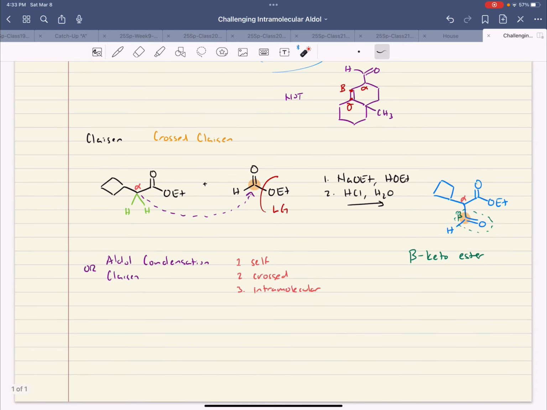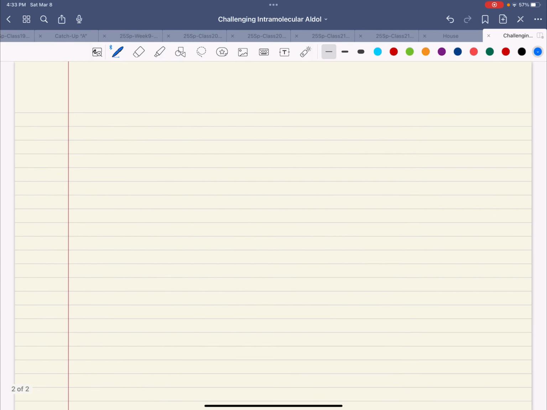Let me do two more. Okay, let's test ourselves. Are these going to be aldol condensations or Claisen condensations? You decide. And you decide also whether it's going to be self, crossed, or intramolecular. Interesting.